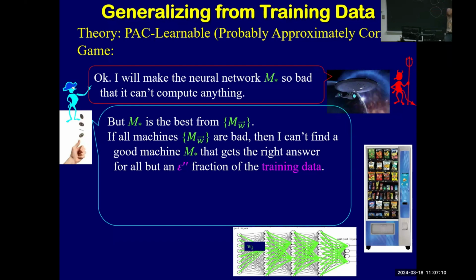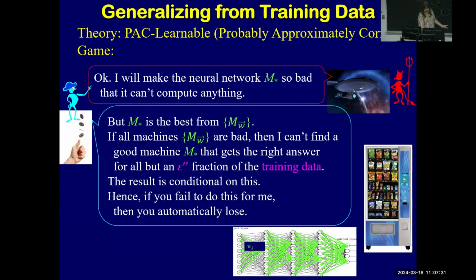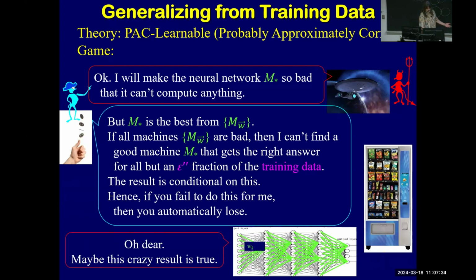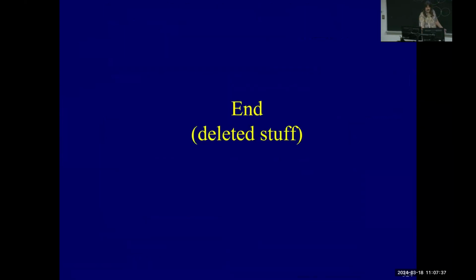A implies B, A is already false, then we win, right? If the adversary doesn't give us the distribution and machines that allow us to learn well, then we win this game, right? Does that make sense? So that's the statement. People like that? Kind of fun, eh? How brave are you? You want to see the proof?